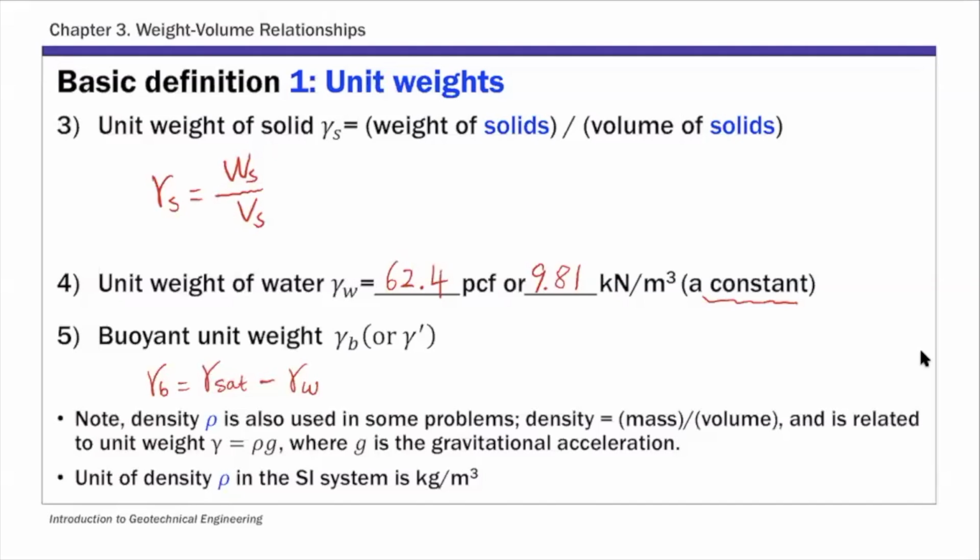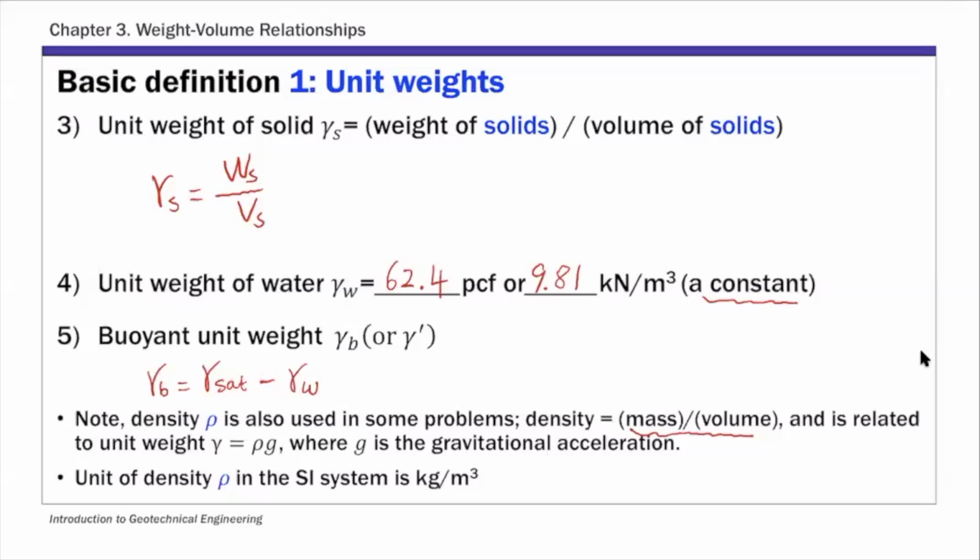And just a note here. All these unit weights are defined in terms of weight over volume. The other way to quantify this is to use density. In some problems you will see people use density, basically mass over volume. All the definitions we defined still apply, but instead of saying unit weight of water, you'll say the density of water.